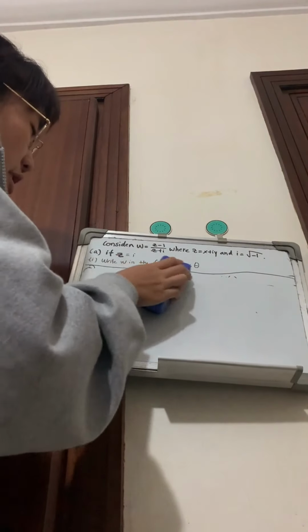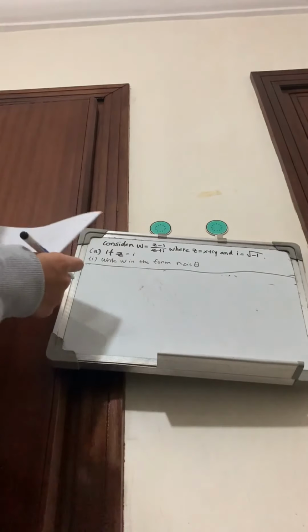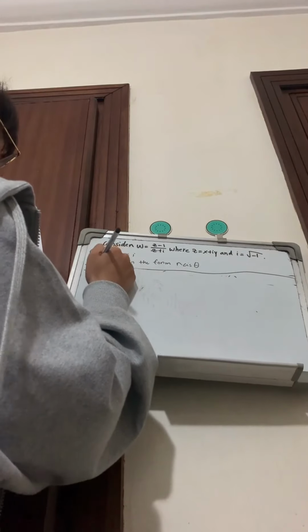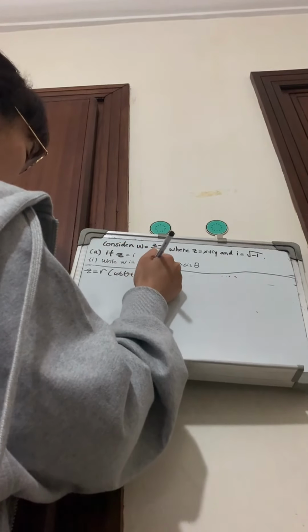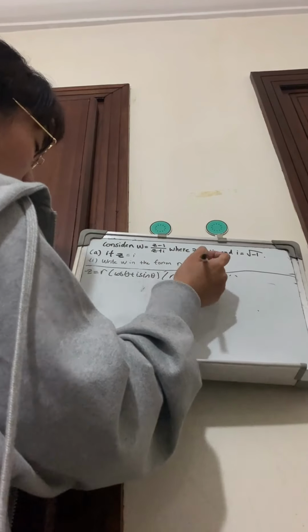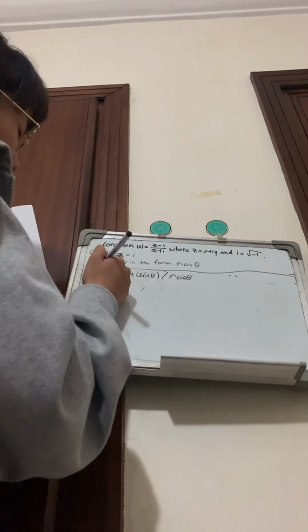Now we have both the modulus and the argument. Now we just have to plug everything into the formula for polar form, which can be expressed as z is equal to r cos beta plus i r sin beta. In this case, r is the modulus, beta is the argument. And now just plug it in.